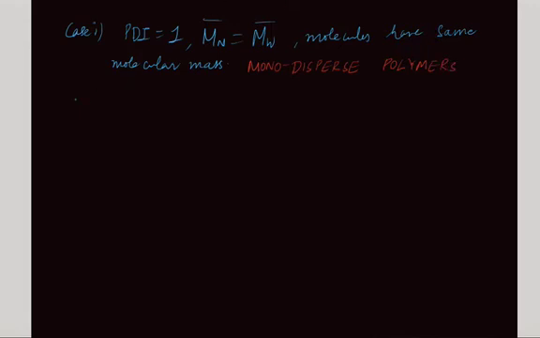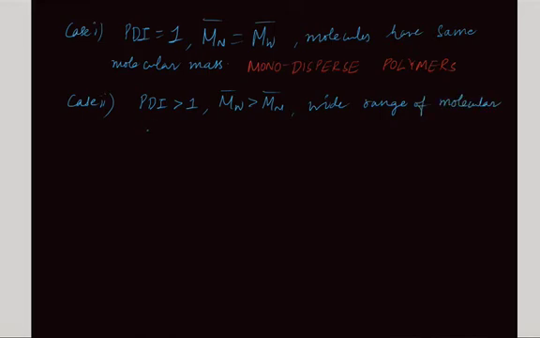Similarly, let me write down case 2 here. If PDI is greater than 1, which suggests that Mw is greater than Mn, then this would have molecules with a wide range of molecular masses.